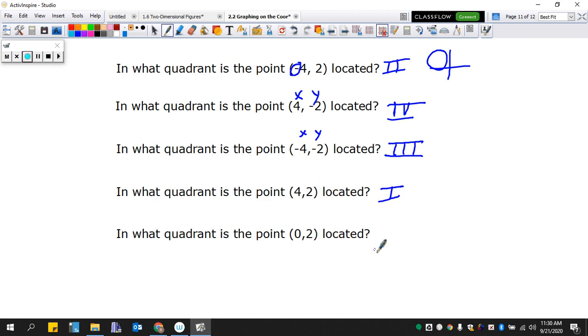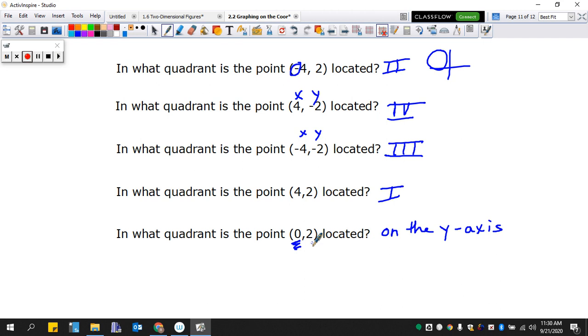And in which quadrant is the point 0, 2? Okay, 0, 2, that means you're right at the origin, and you go up on the y as a positive. So this is on the y axis. Okay, anytime that you see a 0 as one of the locations in an ordered pair, you know it's going to be on one of the axes.